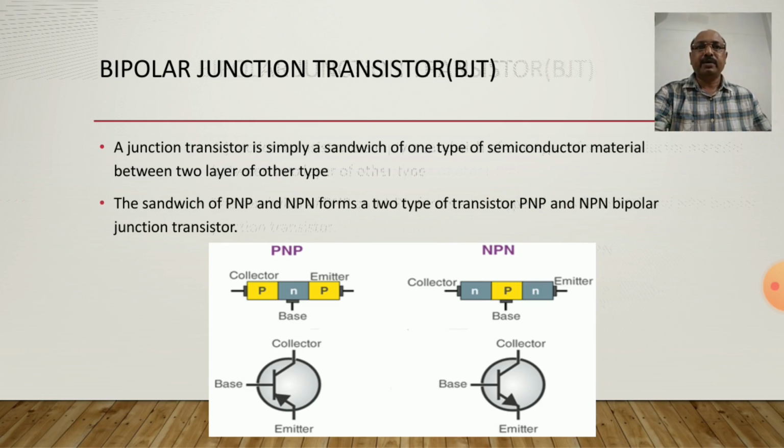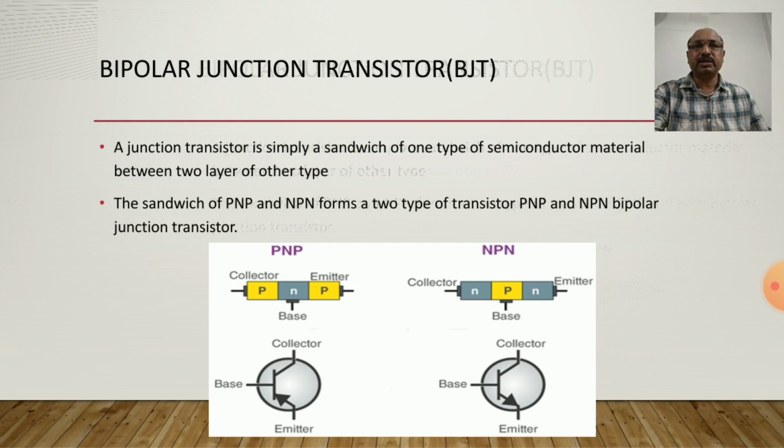Today we will briefly review what we have already learned, and then we will start with the BSc second year syllabus. In this video, we focus on a brief review of the bipolar junction transistor.